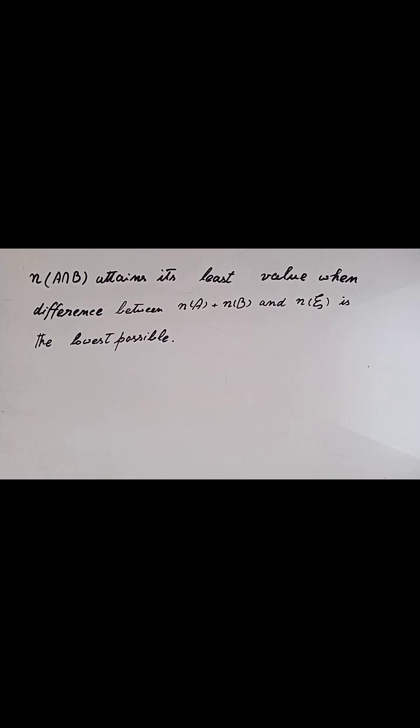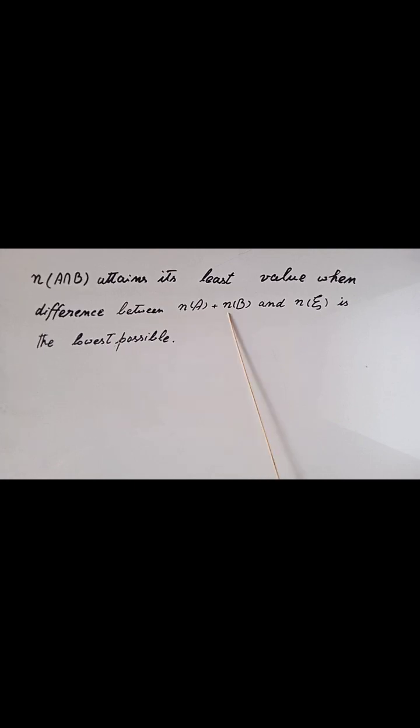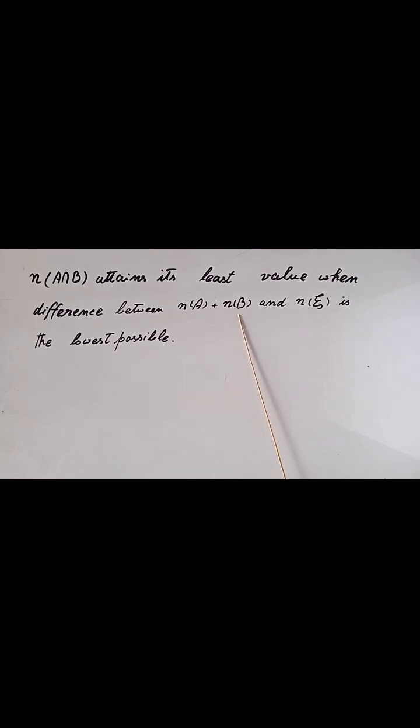Number of the members of A intersection B attains its least value when difference between number of the members of A plus number of members of the set B and number of the members of the universal set is the least possible.